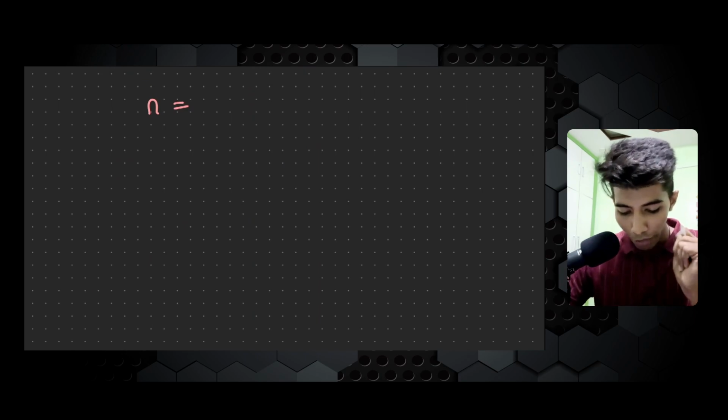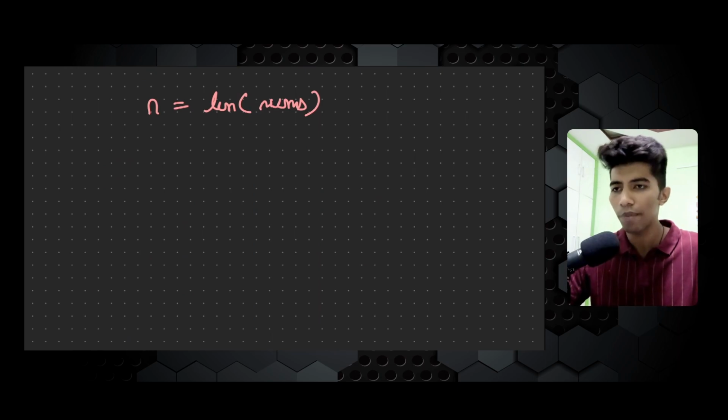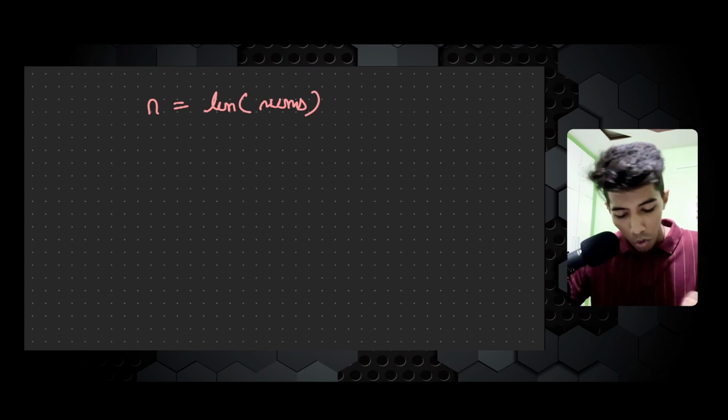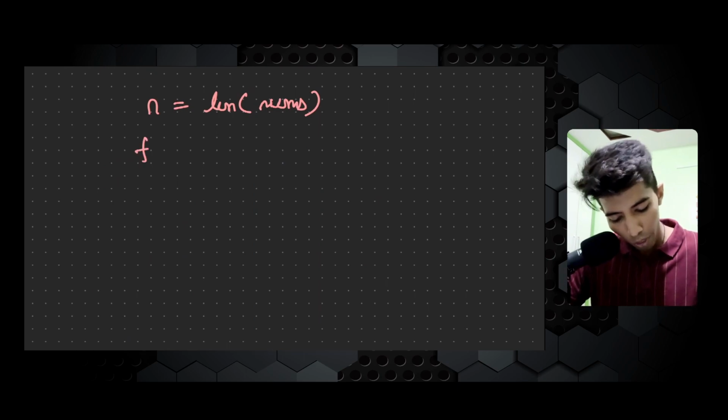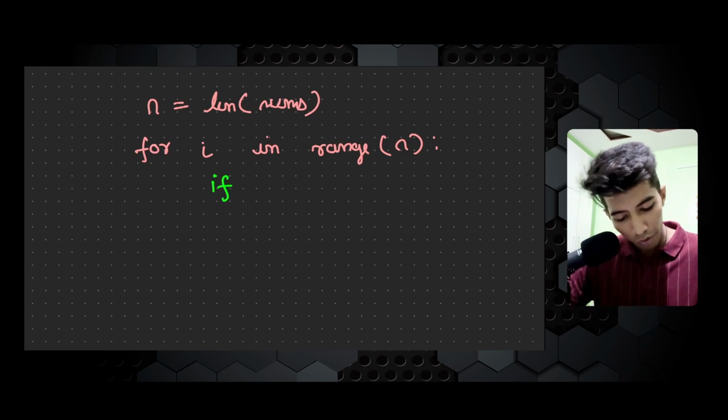Okay, so here there is n. We take n as the length of this nums. Now I will run i in the range of this n. Then I will check whether this i is present in nums.